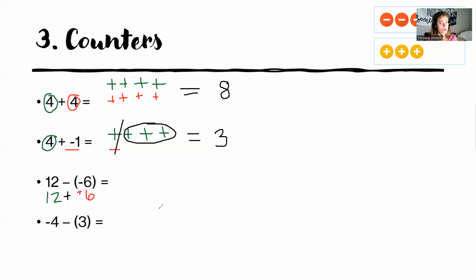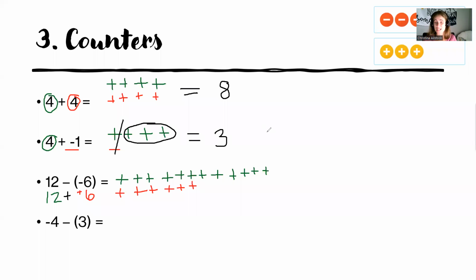And you might be able to do this without counters, but we'll go ahead and use the counters anyways. If we are doing 12 plus 6, we would start off by doing 12 little tally marks. So I have 12 plus signs, and then we're adding a +6. So because it's a positive, we're going to do 6 more positive numbers.